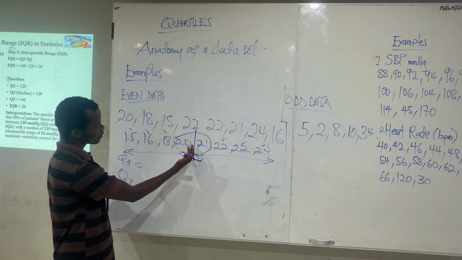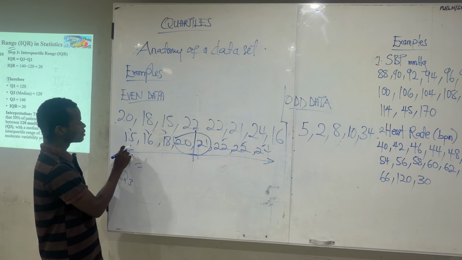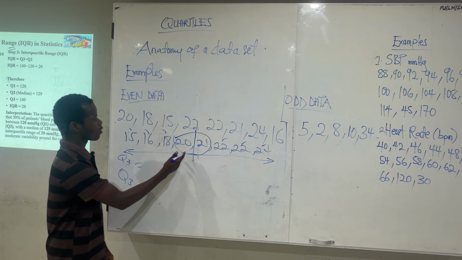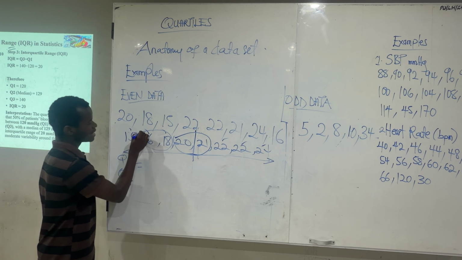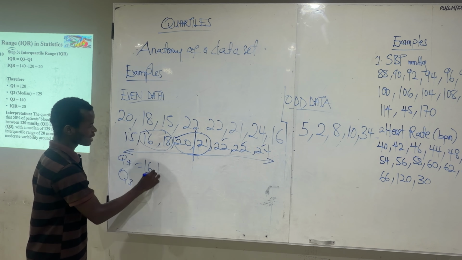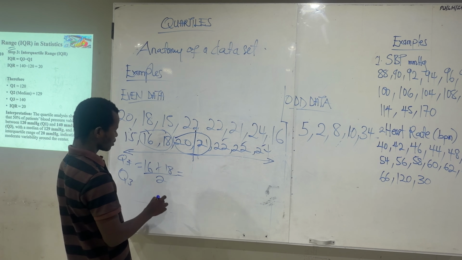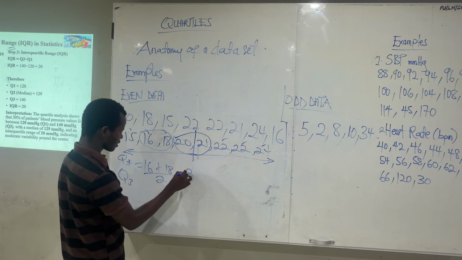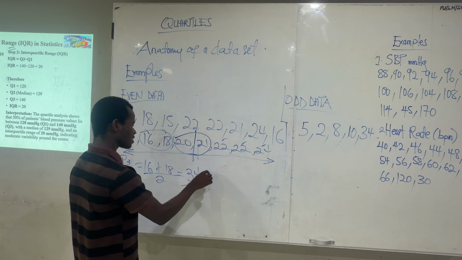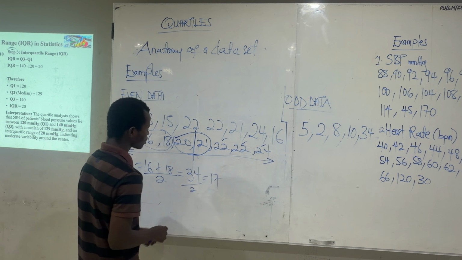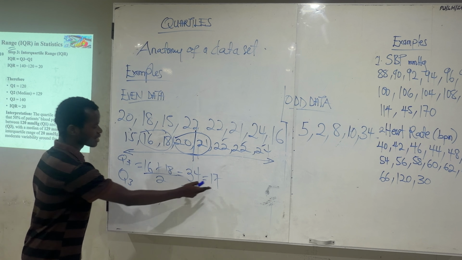For the first half, we have 15, 16, 18, and 20. So you calculate the median for these four values. The median will be between the 16 and the 18. So it will be 16 plus 18 divided by 2, which is 34 divided by 2. And this will give us 17. So the median for the first half, the Q1, is 17.